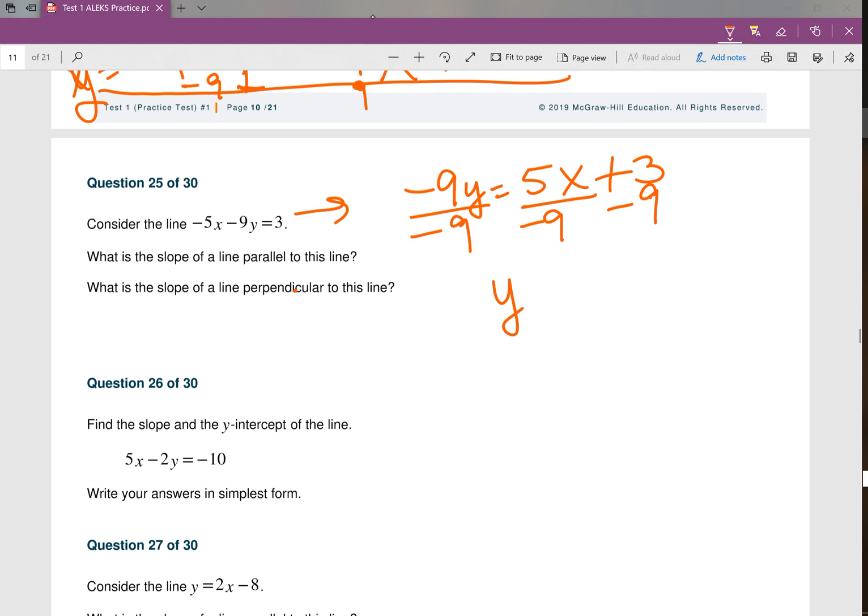This gives me y is equal to negative 5/9 x minus 1/3. So the slope would have to be negative 5/9 for it to be parallel. For it to be perpendicular, it has to be the negative reciprocal, so the slope would have to be positive 9/5.